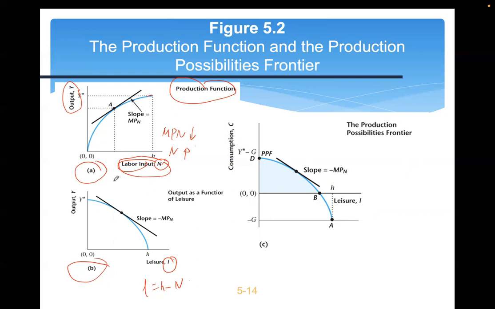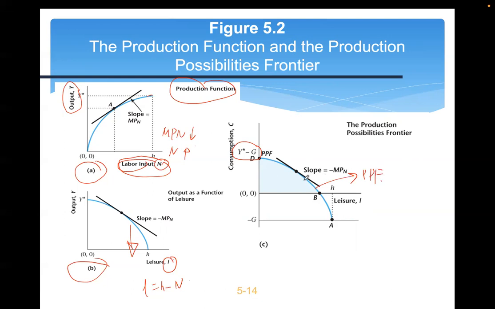Hence, instead of increasing, the production function is decreasing with leisure. This is the second. Now in the third step, we are going to subtract G from Y. So this entire curve is going to shift down. Now this final curve is our PPF.